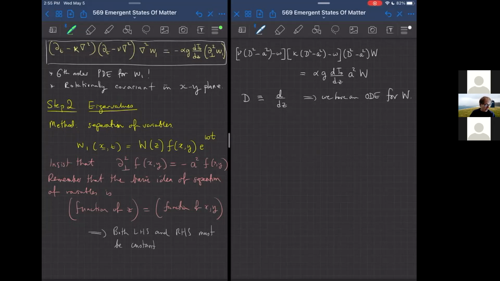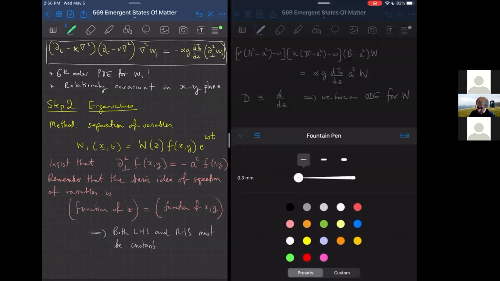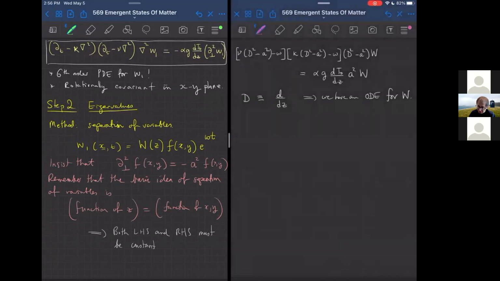Now I've got an ordinary differential equation. And somehow we have to determine this quantity A, and we have to determine the eigenvalues W and omega. Okay, so these are the things that are still very much unknown in this equation.